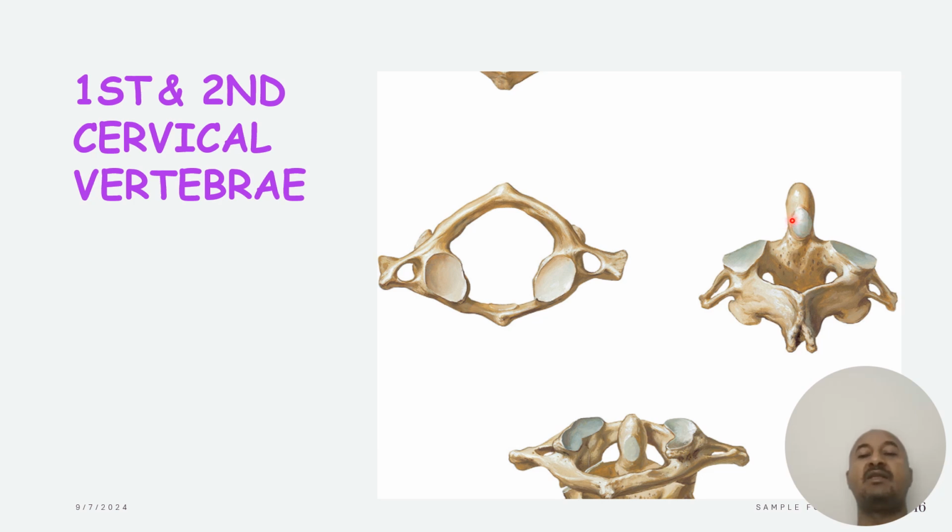This dens or odontoid process serves as a pivot joint with the atlas, which is the first vertebra. As you see here, they form a joint, and this joint is also very important. It's called the atlanto-axial joint, permitting the rotational movement of the head during turning from one side to the other side.